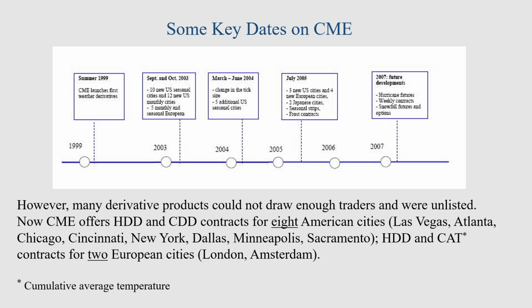But you can see that that may not be very helpful for a city such as Pullman, Washington, or Spokane, Washington, which is located in a totally different area. Heating degree days and cumulative average temperature contracts are offered for 2 European cities, London and Amsterdam, which may not help someone living in Berlin, for example.